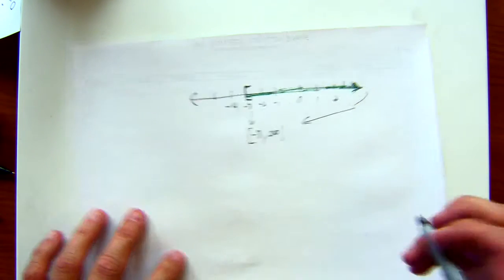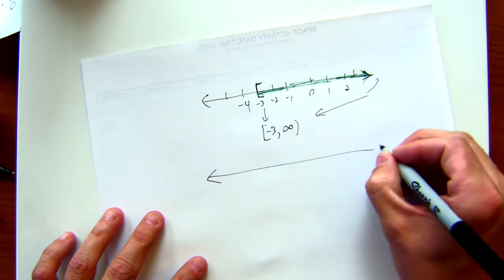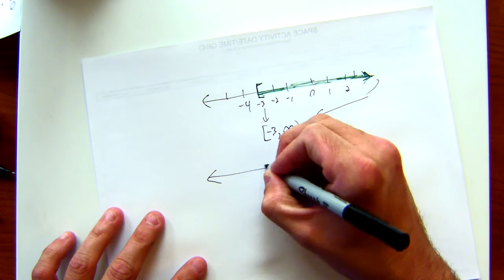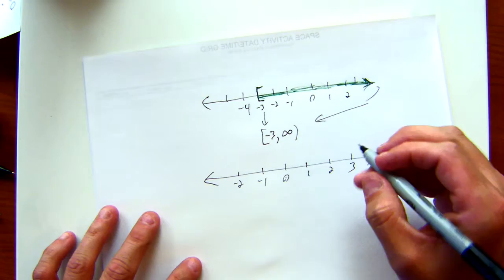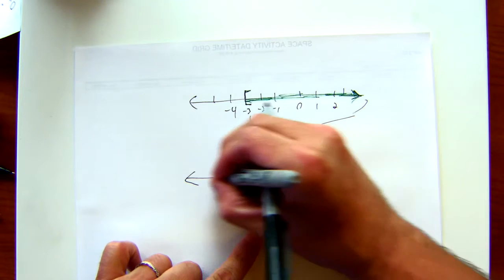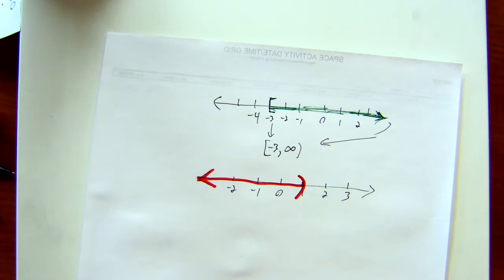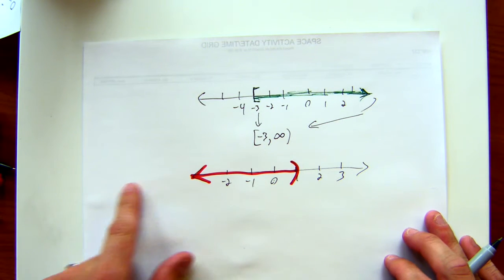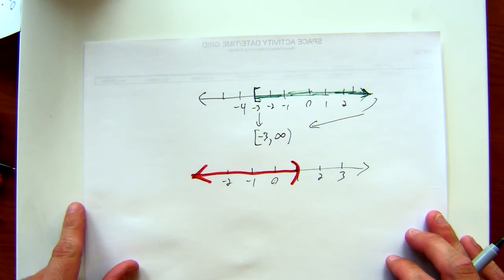Okay? What about this example? 0, 1, 2, 3, -1, -2, and something like this. So we'll do an open, go that way. Okay, so what's the left endpoint in this case?